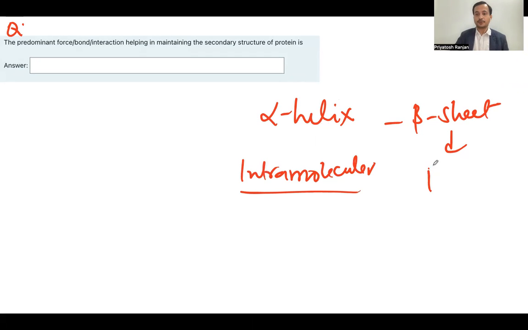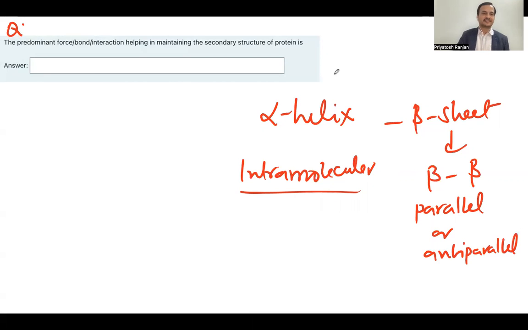The beta sheet is composed of beta strands, and within this beta sheet, it could be either parallel or anti-parallel. Remember, all these structures are stabilized by hydrogen bonding. Remember, hydrogen bond is not a real bond, but this is how the researchers have named it. So all these structures are stabilized by the hydrogen bonding.